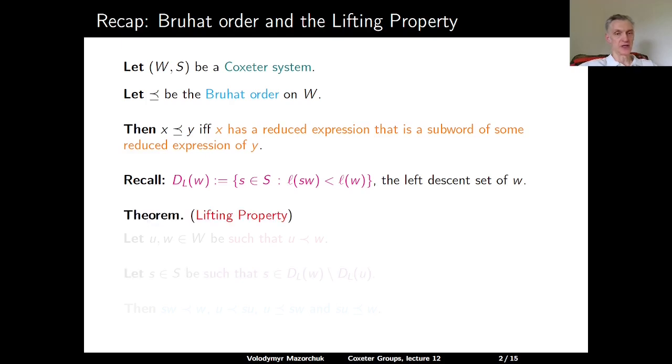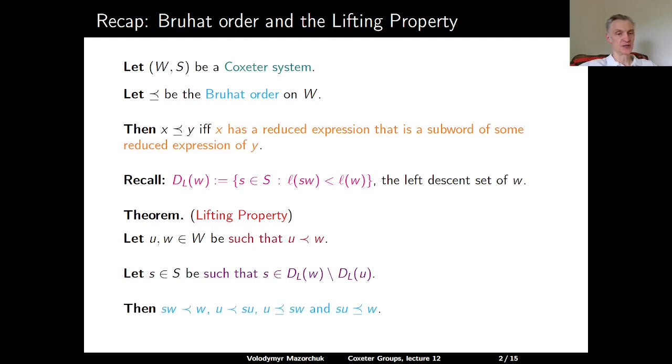And now we can recall the lifting property. That's the following statement. Let u and w be two elements in W, such that u is Bruhat smaller than w. Let s be an element in S, such that s belongs to the left descent set of w, but it does not belong to the left descent set of u.